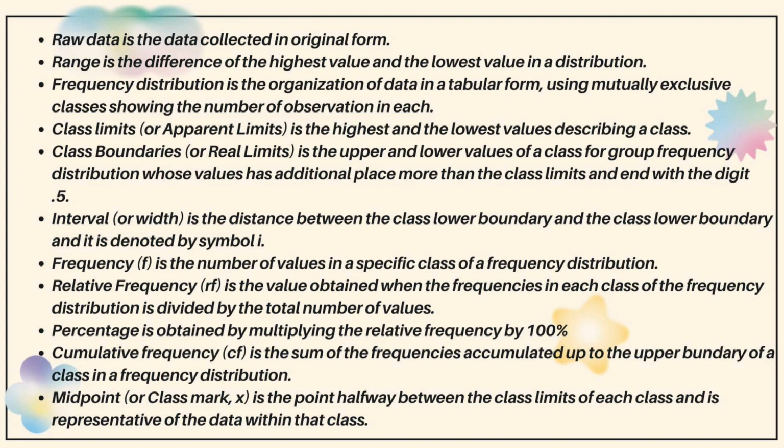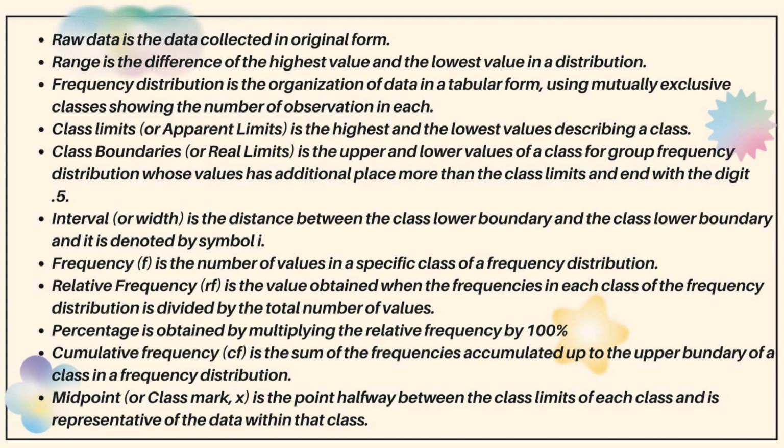Class boundaries are the upper and lower values of a class of a group frequency distribution, whose values have an additional decimal place more than the class limits and end with the digit 5. Interval is the distance between the class lower boundary and the next class lower boundary, and is denoted by the symbol I. Frequency is the number of values in a specific class of a frequency distribution.